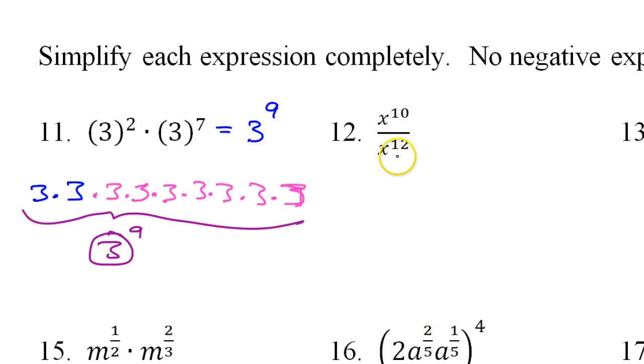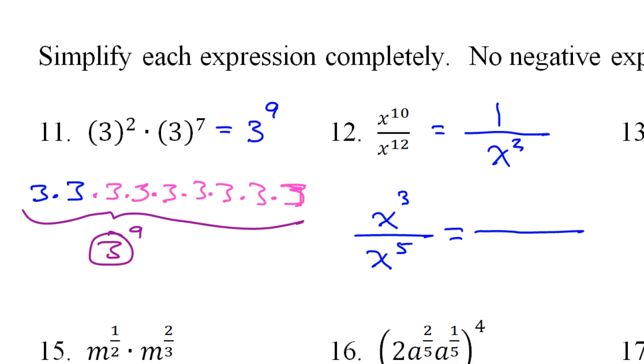X to the 10th power divided by x to the 12th power. This is going to be x to the 2nd power in the denominator, and in the numerator it will be 1. Now it's harder to see with numbers this big, but for example, say if I had x to the 3rd power divided by x to the 5th power.